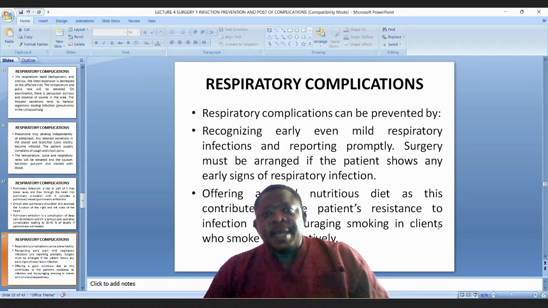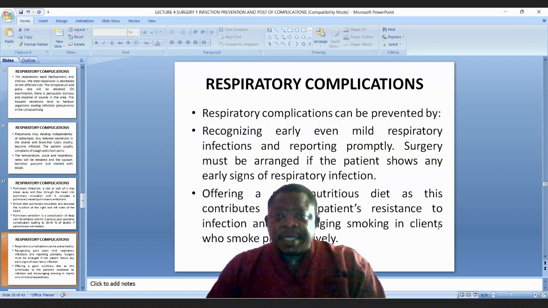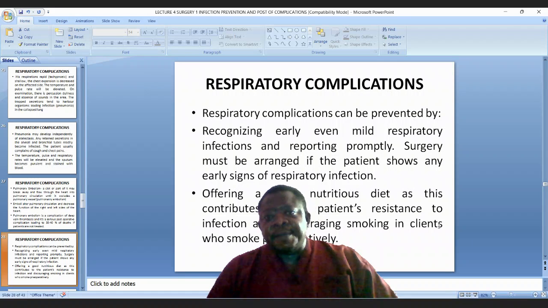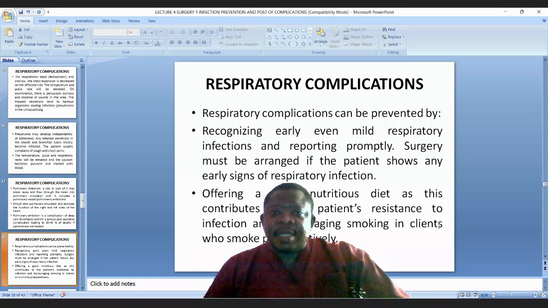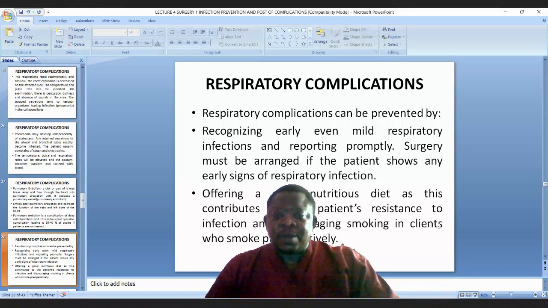Okay, so respiratory complications can be prevented by recognizing early, even mild respiratory infection and reporting them promptly. Surgery must be rearranged if the patient shows any signs of respiratory infection. So if you do surgery with a patient having respiratory infection, the likelihood of having respiratory complication becomes high.